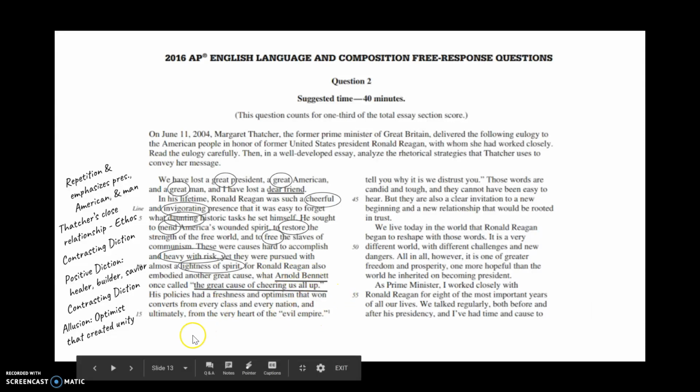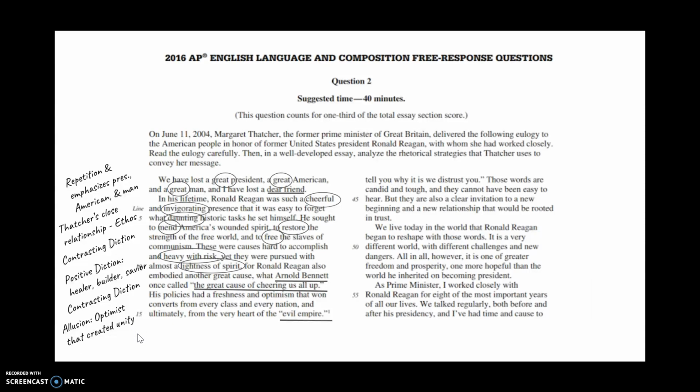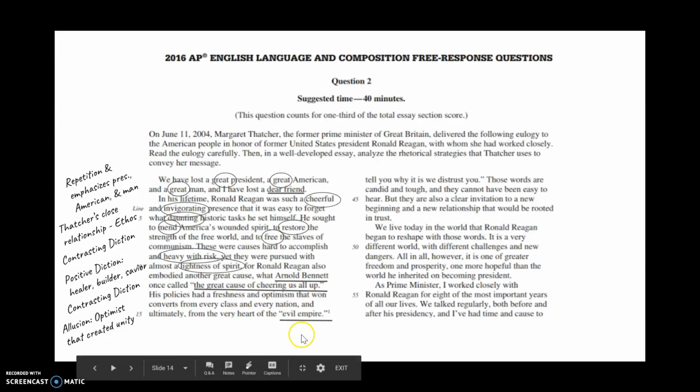This allusion gives authority to the quote itself, and ultimately the purpose of the quote and the following explanation is to show that Ronald Reagan was an optimist that used his optimism to create unity. And this again contrasts with the following quote, evil empire.